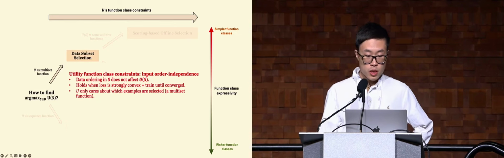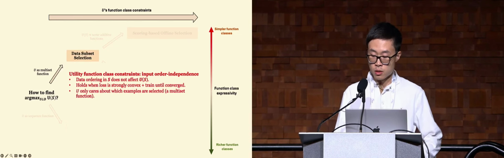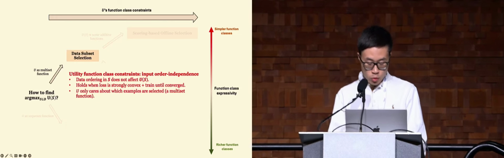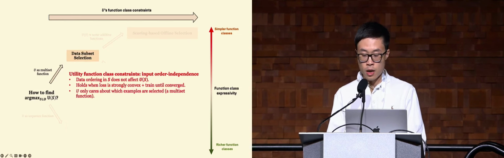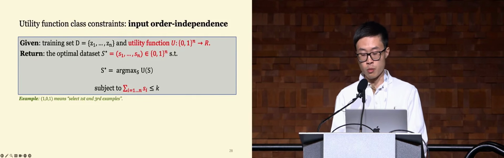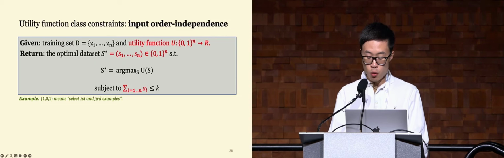For example, even if we train with SGD, where the model is trained on the data batch by batch, when the loss function is strongly convex and the model has been trained to convergence, then the final model as well as its utility is independent of the order of the training data we fit to the model. So under this assumption, our utility function only cares about which data points, which examples, are selected, regardless of their order.